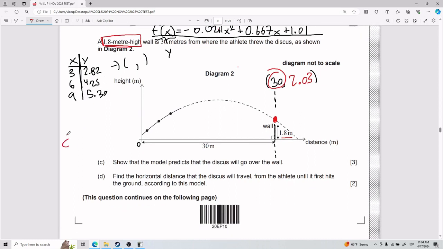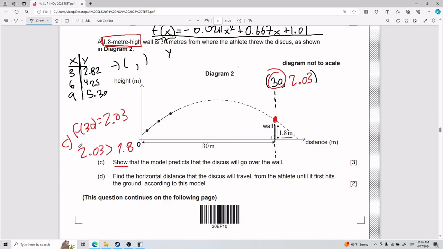And so for part C, you're just going to say, oh, at f of 30, we got 2.03, and 2.03 is higher than 1.8, the height of the wall. And so this is the way that you show that the discus will go over the wall.